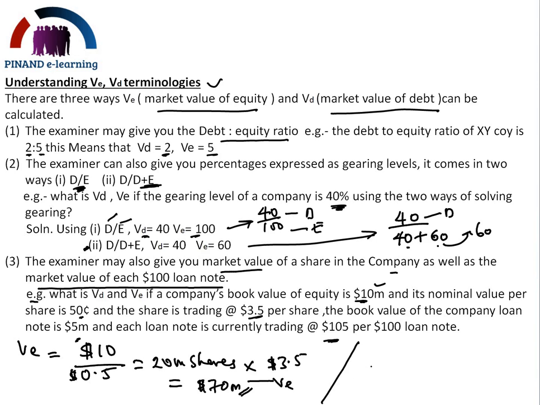Now, to get my VD, the examiner has told me that each $100 loan note is currently trading at 105. For every $100 in the loan that I took, the market value is 105. And in the statement of financial position, what I've extracted is that the book value of the company's loan note is $5 million.